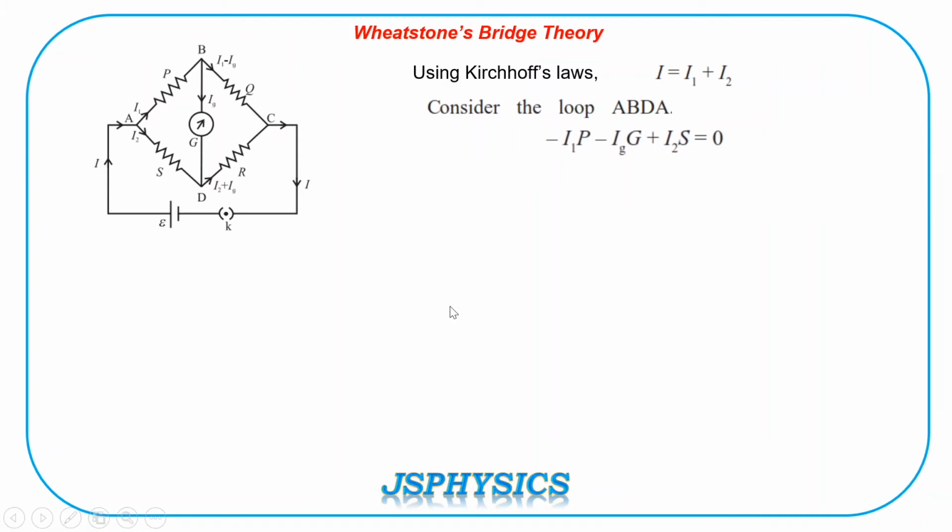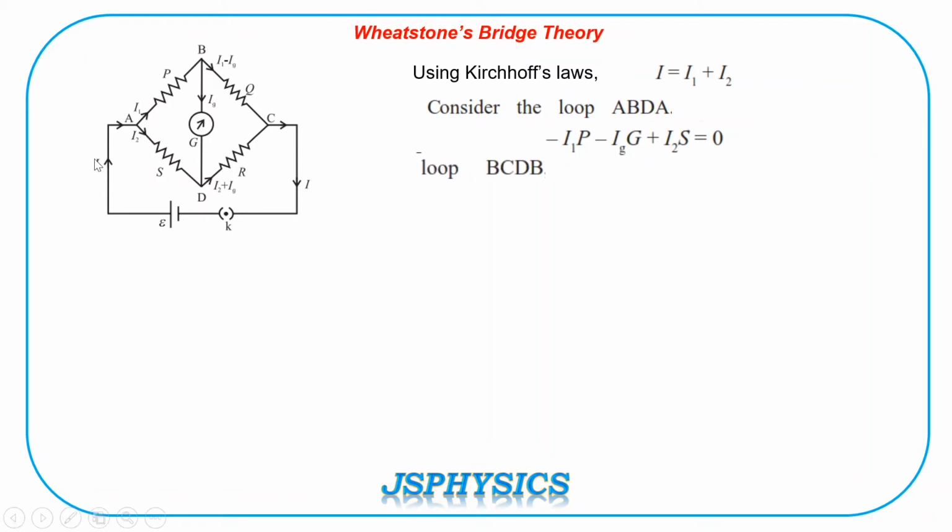Suppose I take ABDA, then I will get minus I1 into P, that is product of current and resistance, then along BD branch, minus IG into G, plus I2 into S, and the sum of this will be 0 as per the second Kirchhoff's law.